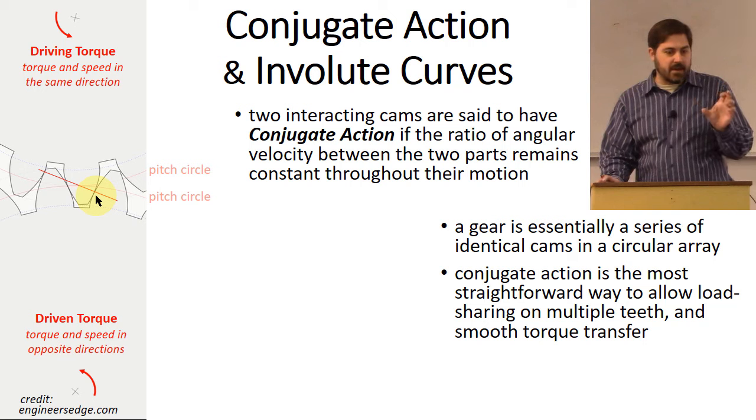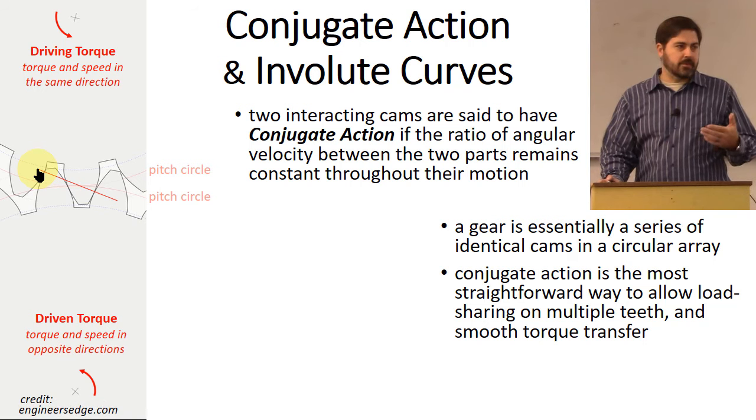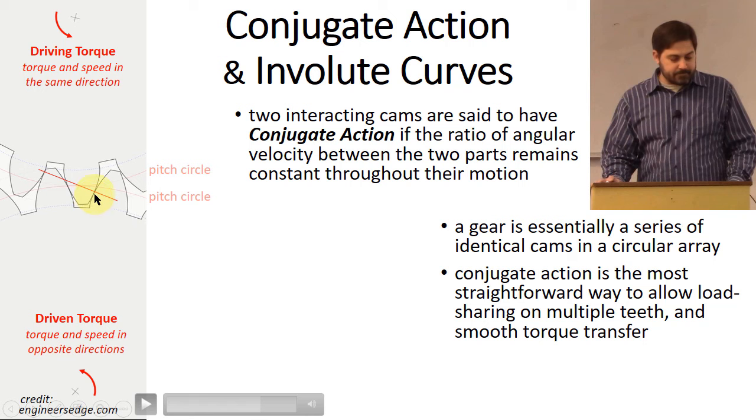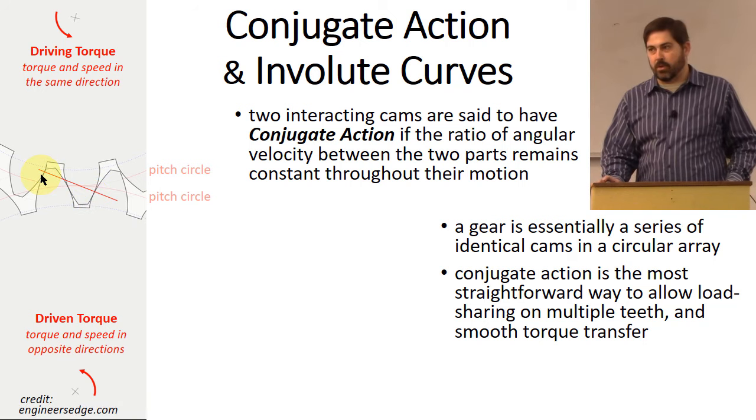They have to have the same angular velocity ratio between both elements, or else contact won't continue at that point. This is one of the reasons conjugate action is important for gear mates: we want a smooth transition from one tooth to another in how force is transmitted between one gear and another.